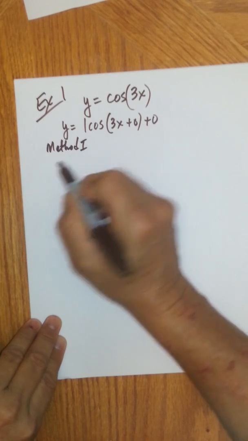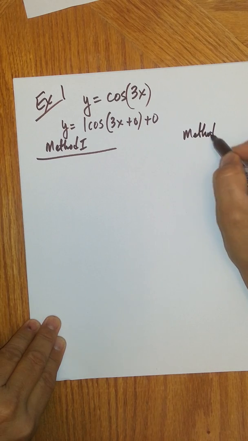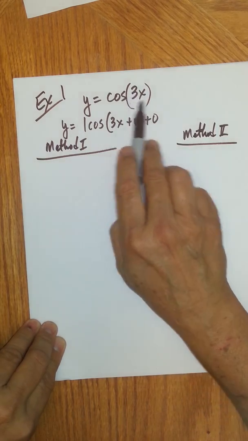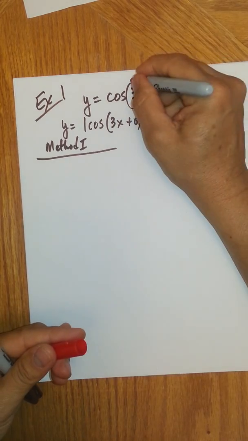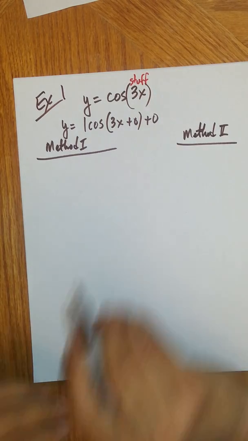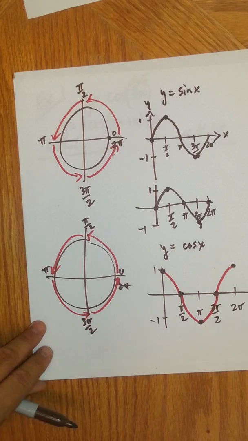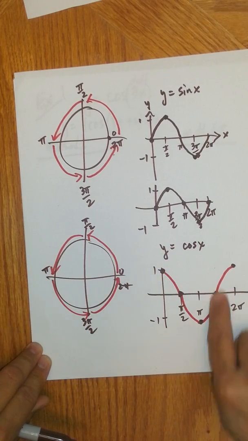So method 1 versus method 2. Now we want the argument, whatever is in here, and I usually call it stuff. I want to take the cosine of stuff that goes from 0 all the way through 2 pi, because I know from my basic shapes that as long as I go around the unit circle from 0 to 2 pi, I will generate this shape.